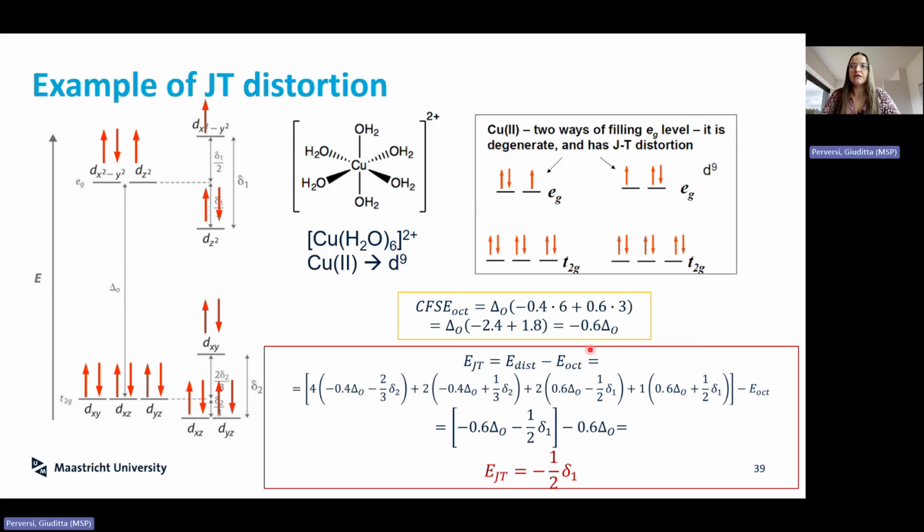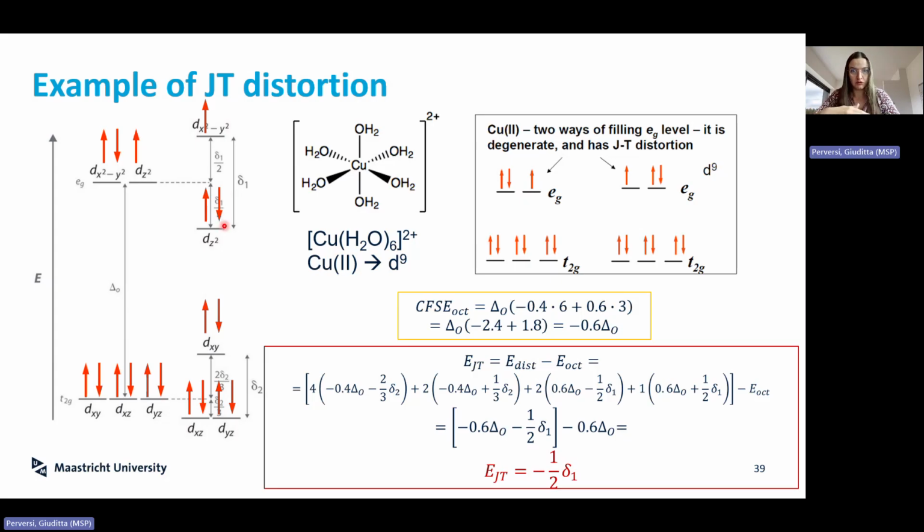And this one, you can already solve it on the basis of the undistorted one. So you know that you have basically an undistorted octahedral crystal field stabilization energy with one element that is different, which is this energy gain. So in comparison to what you had before, a Jahn-Teller distortion gives you this half of a fraction advantage over the whole system.